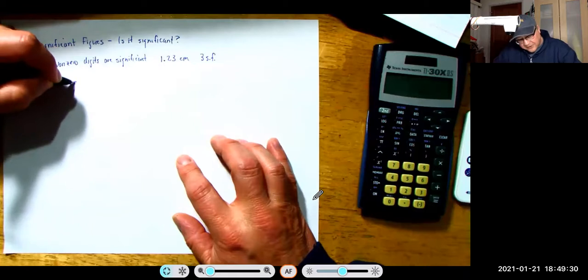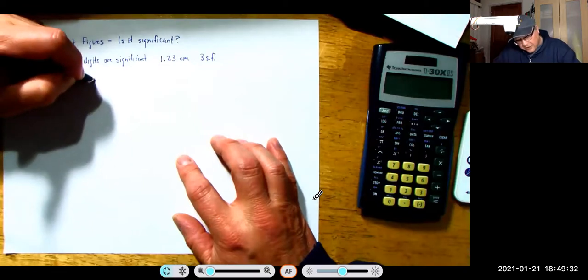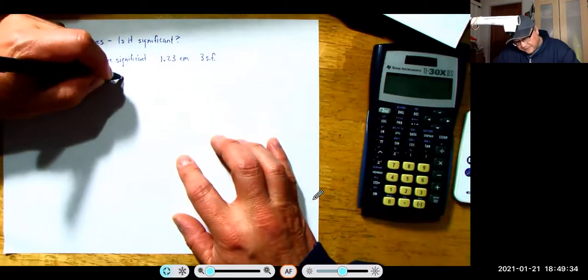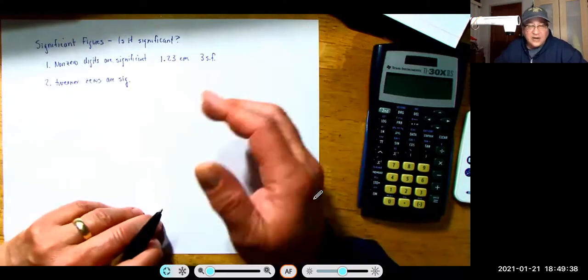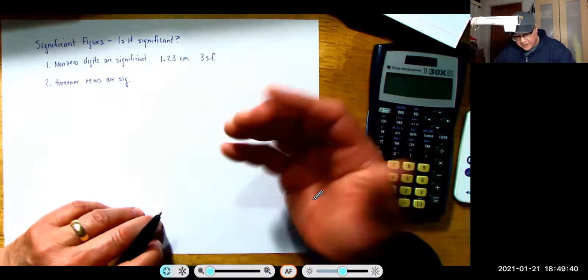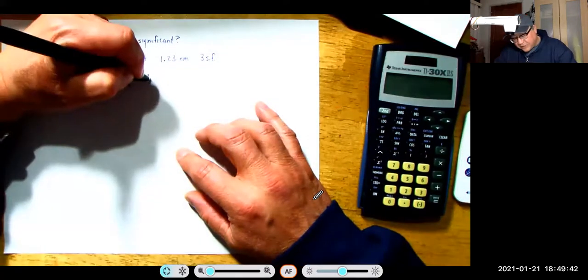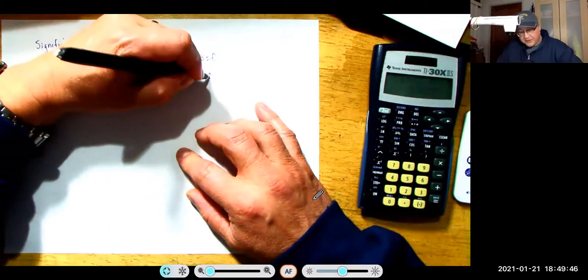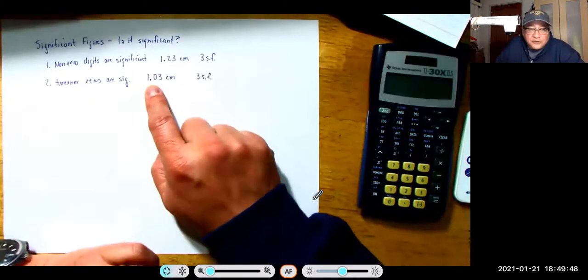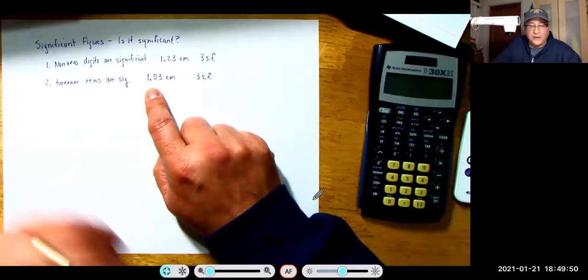Tweener zeros are significant. So I'm just going to put sig here because I don't want to spend a lot of time writing the word significant. So if we had 1.03 centimeters, that would be 3 significant figures. That's a tweener zero. So what do I mean by tweener?